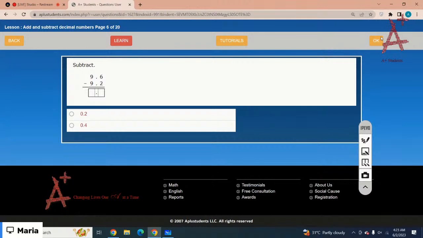So which is the correct option? 6 take away 2 is 4 and 9 take away 9 is 0. So the correct option is 0.4. The second option is the correct one.